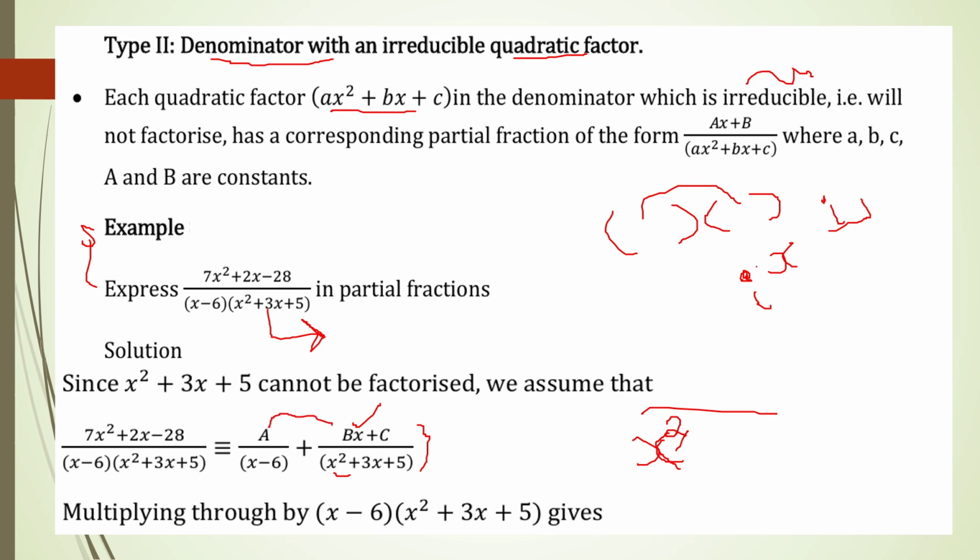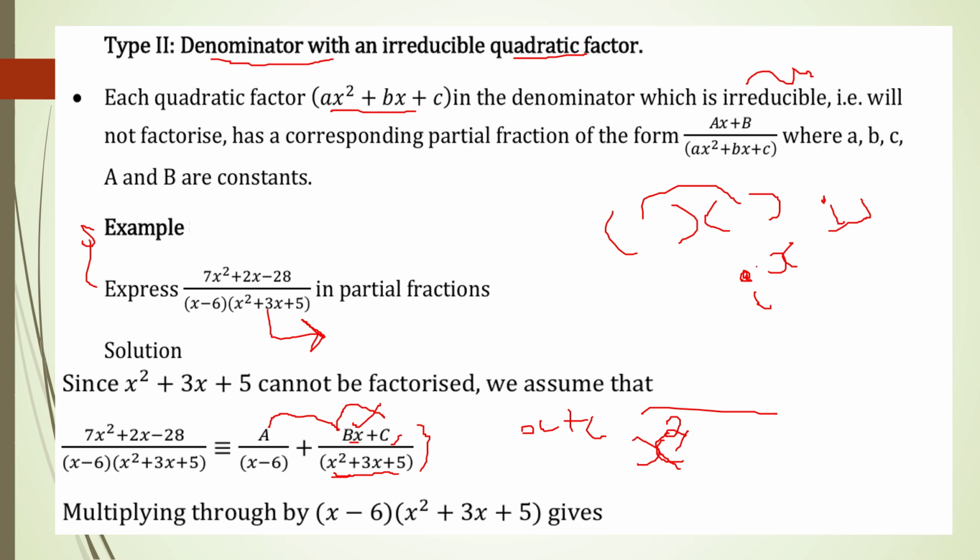So you simply continue with the arrangement of the unknowns. But if you're having an irreducible quadratic expression, which cannot be solved into its respective factors, then the numerator is going to be in the form of bx plus any other constant. So that's why you're seeing here plus bx then plus c.